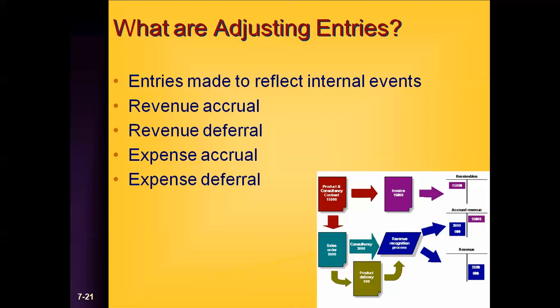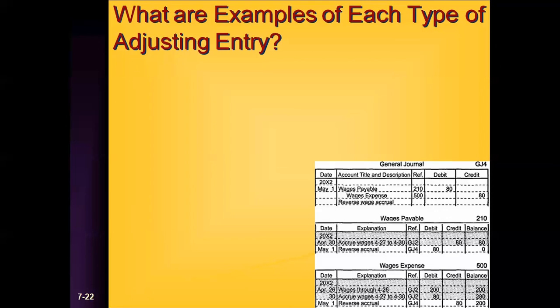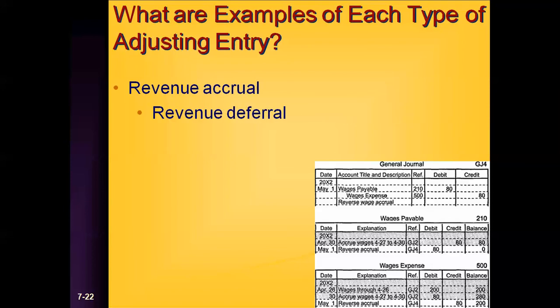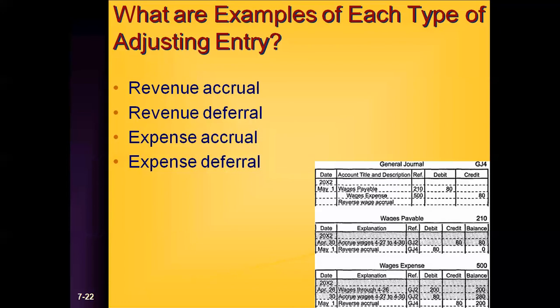Okay, so those are adjusting entries. Let's move on to some examples of those. Actually, we're going to move through these very quickly, and just for review purposes, in case you didn't get this in your notes, a revenue accrual is an increase in asset. A revenue deferral is a decrease in your liabilities. An expense accrual is an increase in liability, and an expense deferral is a decrease in asset.